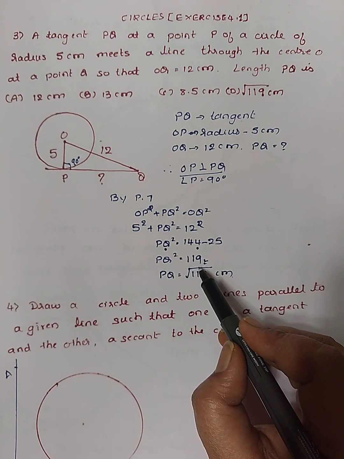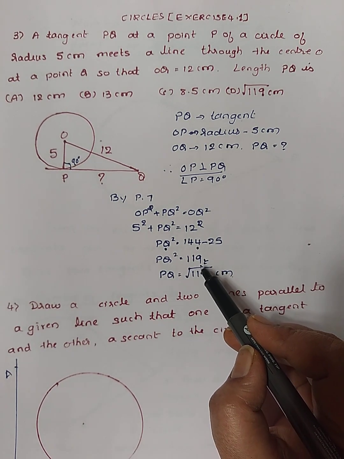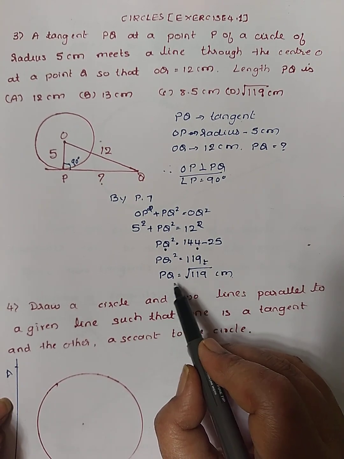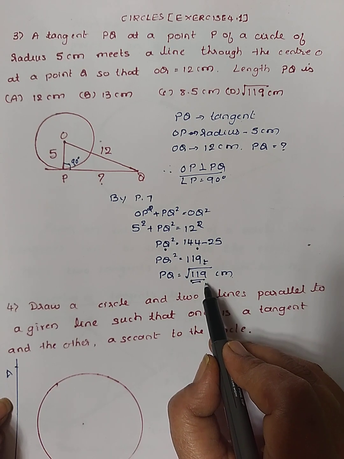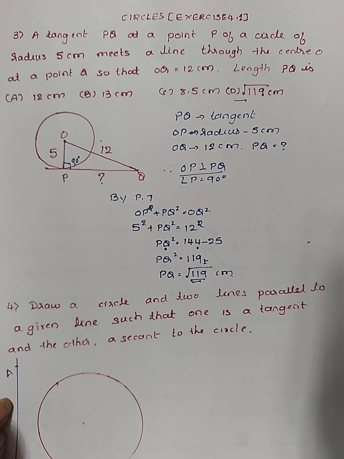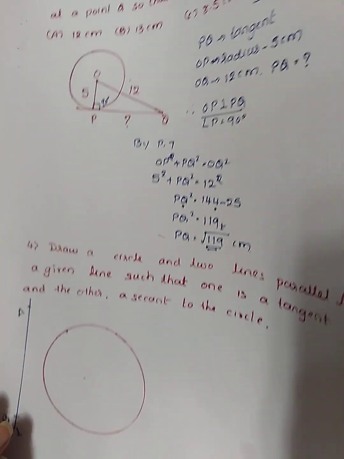So PQ square equals 119. As 119 is not a perfect square, we will write PQ equals square root of 119 centimeter. So the option is D, option D is the right answer.